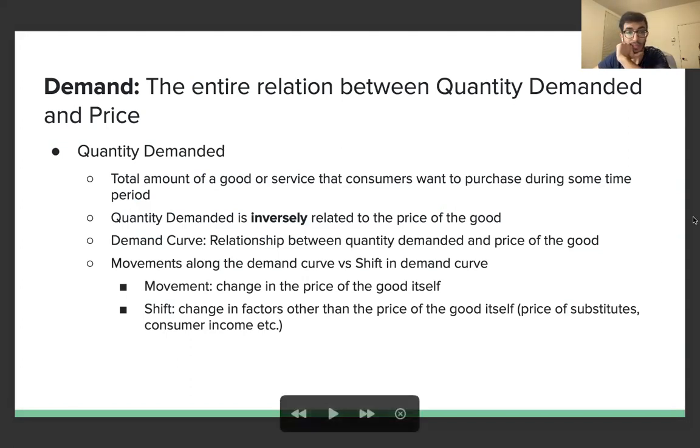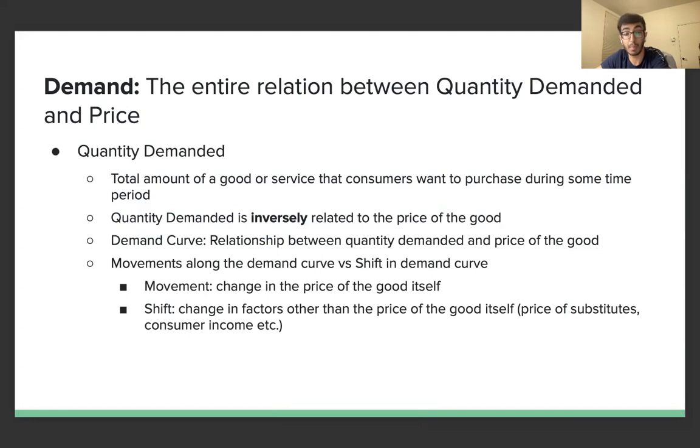Cool. We start with demand, and so demand is the entire relation between quantity demanded and price. Now there's a very big difference between quantity demanded and demand. So quantity demanded is the actual amount of good or service that a consumer wants to purchase for a certain price.